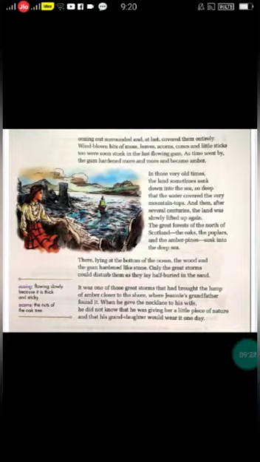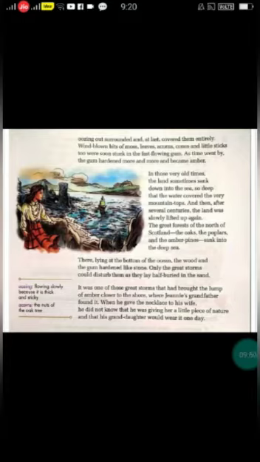So in those old times, the land used to sink. Sank means sinking, children. Sank is the past form. So the land used to sink down into the sea, where the water reached the very mountain tops, means till the tip of the mountain, water used to cover the mountain.